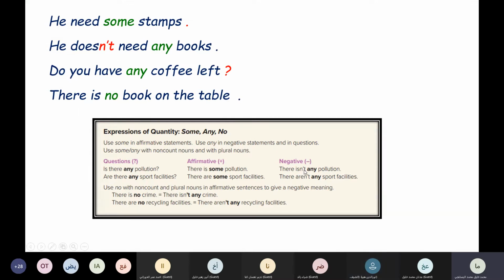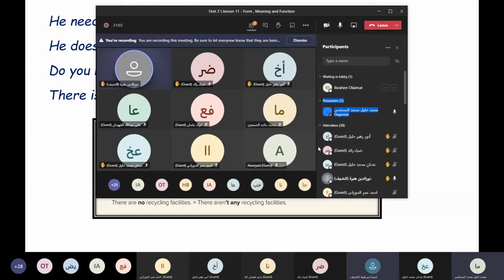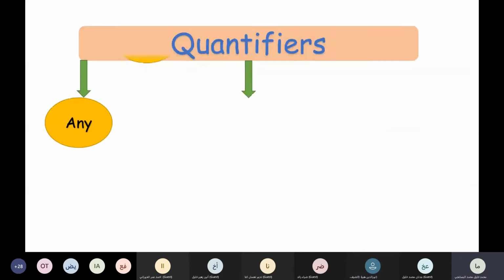There isn't any pollution. There aren't any. So any is used with negatives and it is used with questions. Sorry.